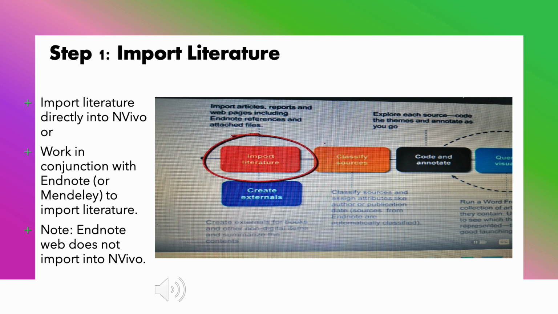If you have a reference managing software system such as EndNote, and you've kept your references but not the actual PDFs of those journals within the reference managing system, you will find that when you import it into NVivo, NVivo will create externals and external references rather than taking those PDFs to the internal space.